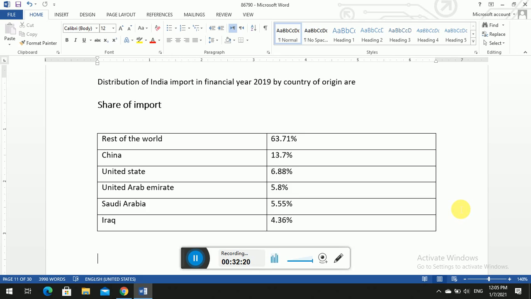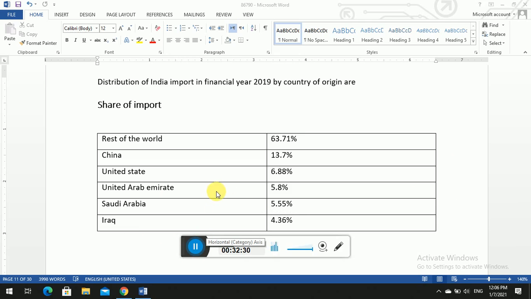Mostly from these countries they import medical equipment, and from three of these countries I think they are importing oil. So these are the top countries that India is importing from. So that's all about India.